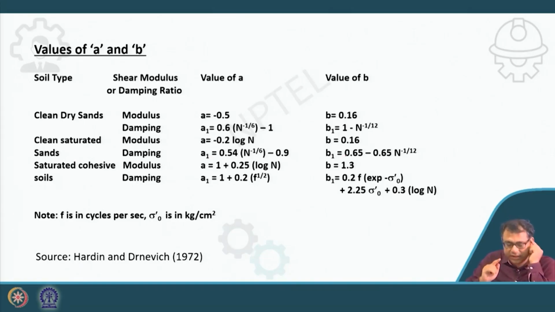Why am I using the clean saturated sand? Because the sand is under water, below the water table. If it is above the water table, I could consider the dry sand, but now it is below the water table and it is sand, so that's why clean saturated sand. And these parameters I will use: clean saturated sand A, B, A1, B1.